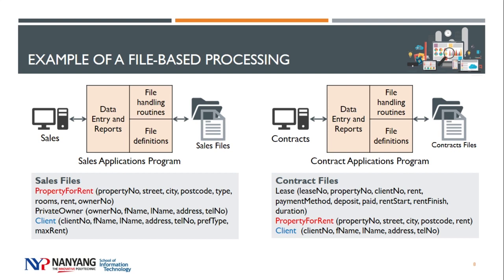But what we realize is that they both require data entry and reports, file handling routines, and file definitions. Yet each of them is being stored in their own individual file-based systems. Hence there is a duplication of both property and client details in the sales and contract departments.